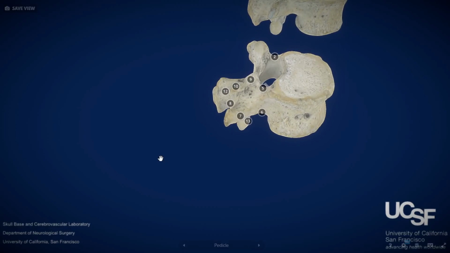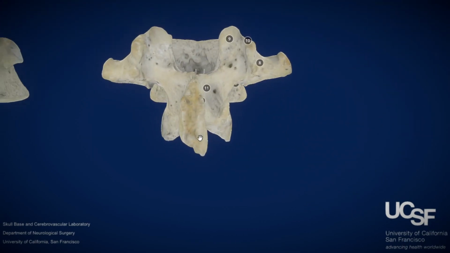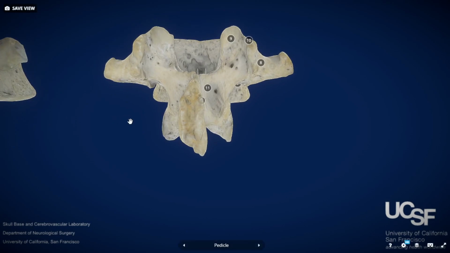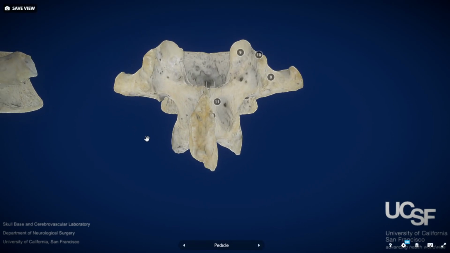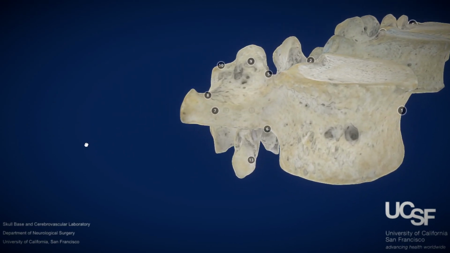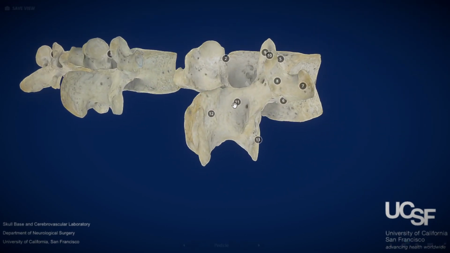Now, labeled as number 7, we see the transverse process of L1. The transverse processes of the lumbar vertebrae project posterolaterally from the junction of the pedicle and the lamina.